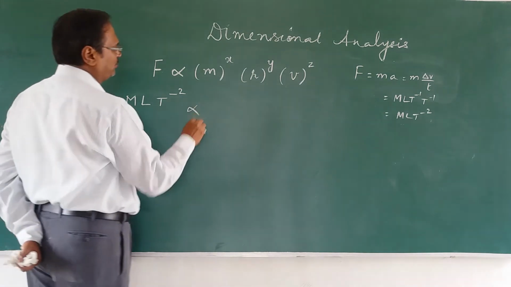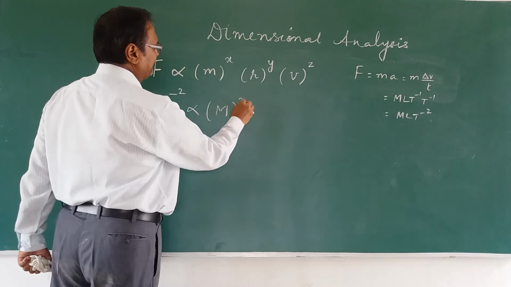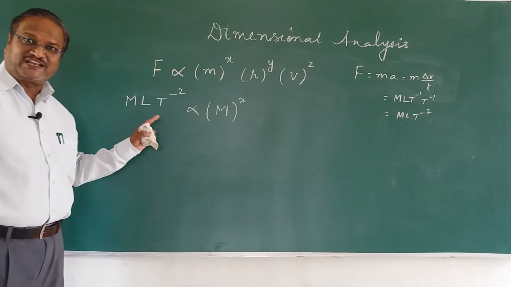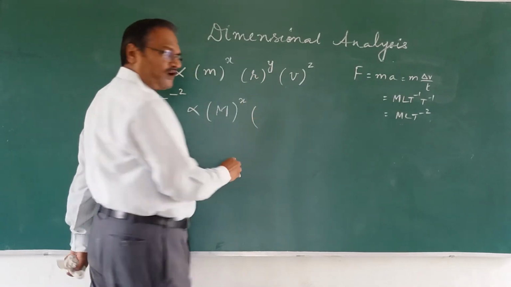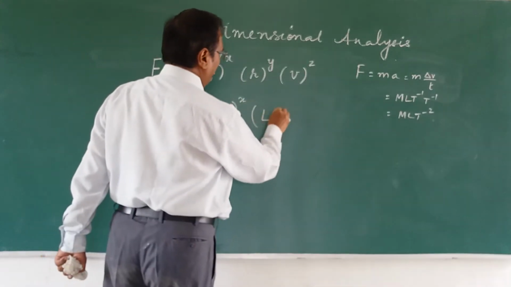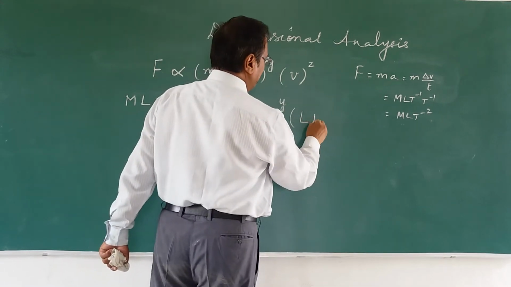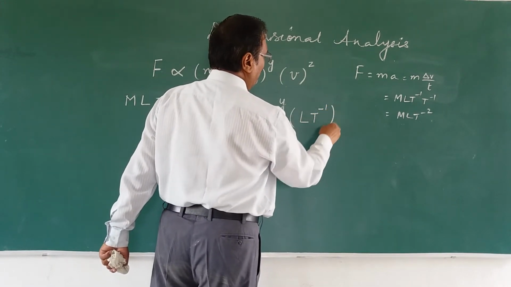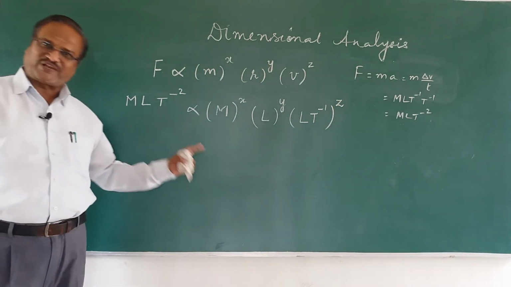It is proportional to mass, that is M power x. I am writing the dimensional formula symbols, and radius is nothing but what? Length. So L power y, and velocity (L T power minus 1) whole power z. Okay, this is how we have to write.